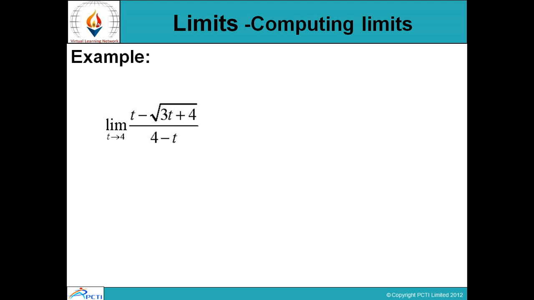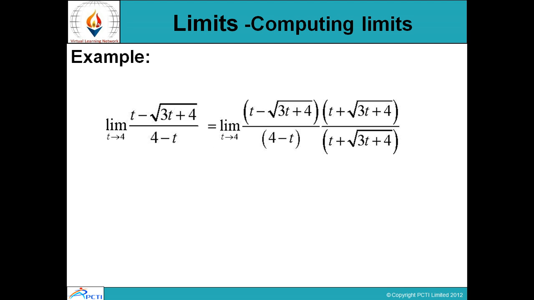For example, limit t tends to 4 of (t − √(3t + 4))/(4 − t). So limit t tends to 4, we multiply by the conjugate of the numerator, that is t + √(3t + 4), over 4 − t times t + √(3t + 4).